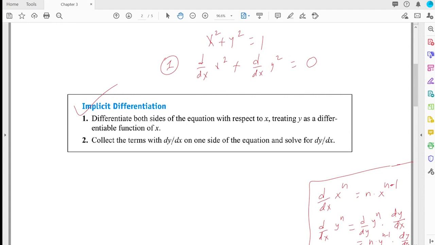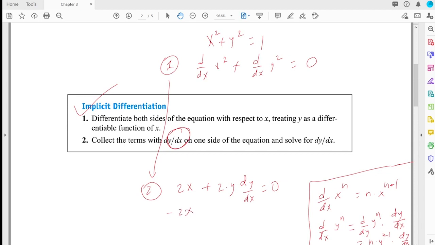So in this problem, step 2, the derivative of x squared is 2x. The derivative of y squared, by using this formula, is 2 times y times dy over dx. Because we are looking for dy over dx, we bring everything to the right side.